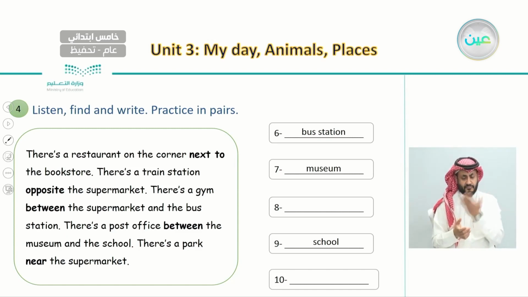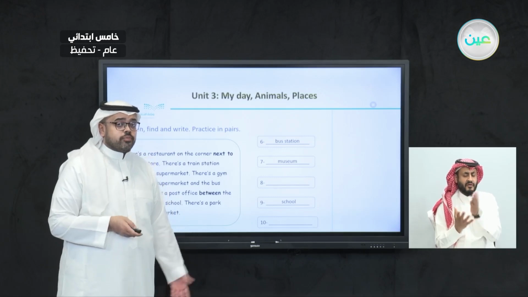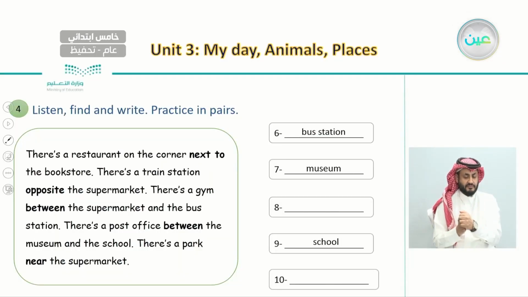So there is a post office between the museum and the school. So number 7 is a museum and number 9 is a school. And what do you think is between them? Well, it says here that there is a post office.